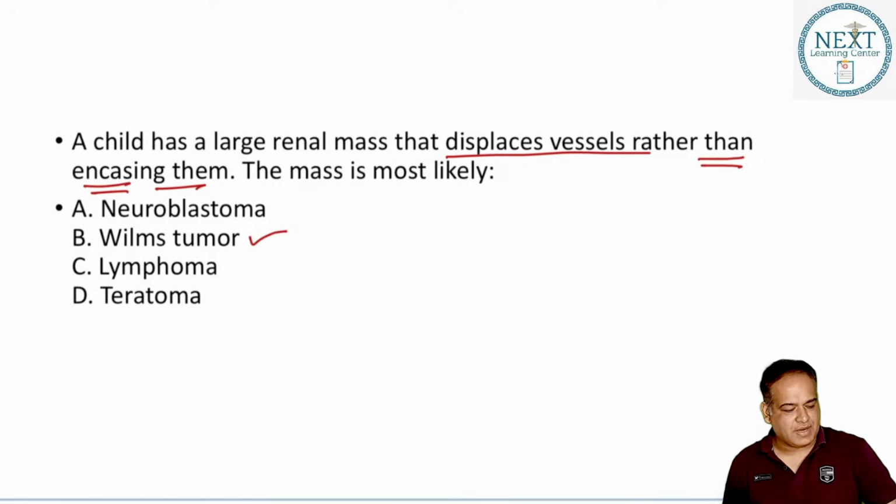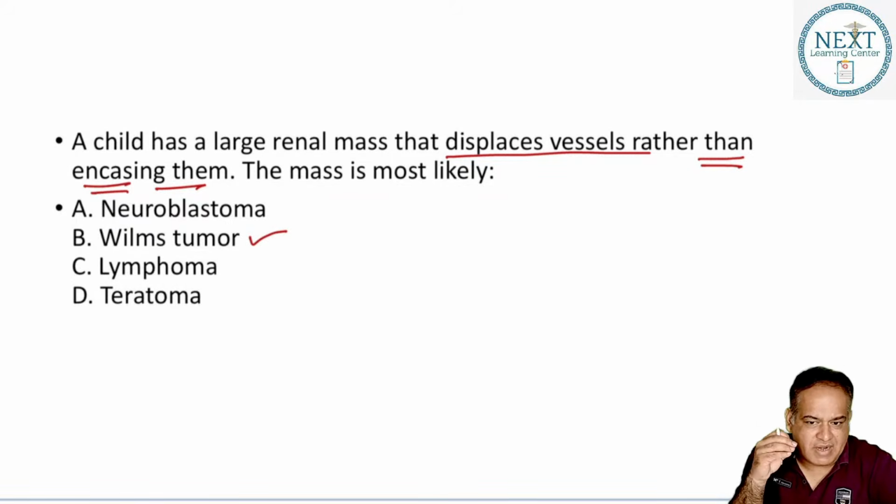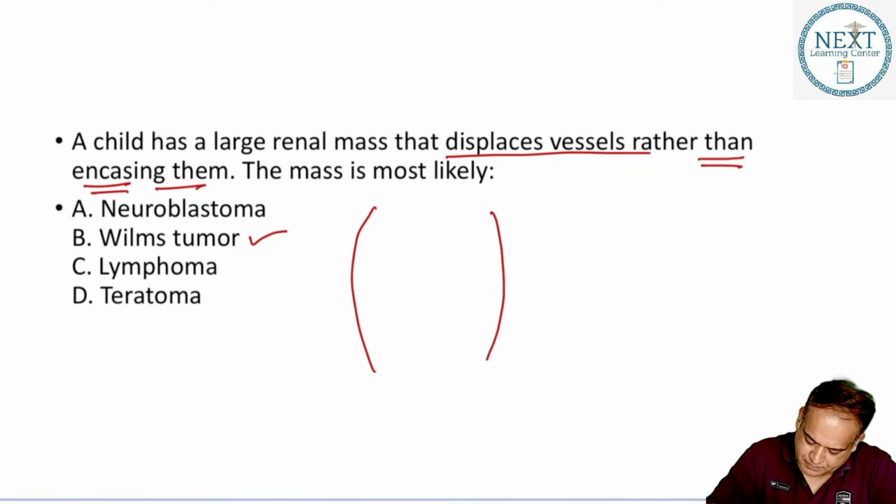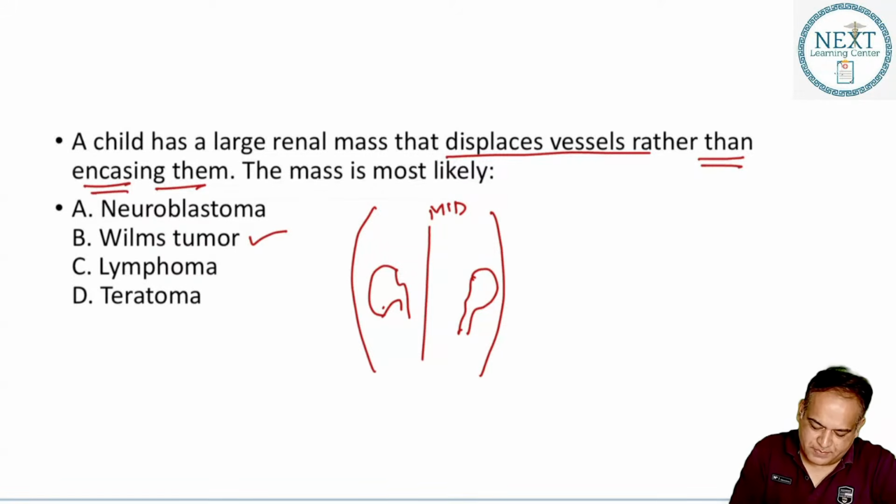Wilms tumor arises from within the kidney and then starts expanding. There is something special. Let's say this is the midline and this is the kidney. Suppose on this side Wilms tumor is there.